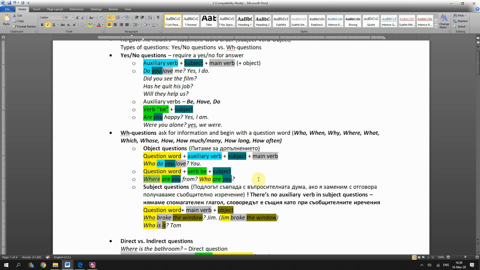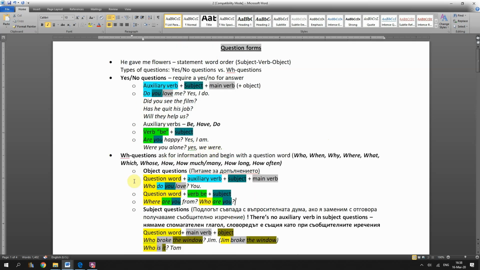And then I will have a WH question. So, what you need to do is just take a word or a phrase, it can be a phrase, don't forget, put the auxiliary verb if you have one, the subject and the main verb, or if you have the verb be, just the verb be. That's the only verb in these sentences.